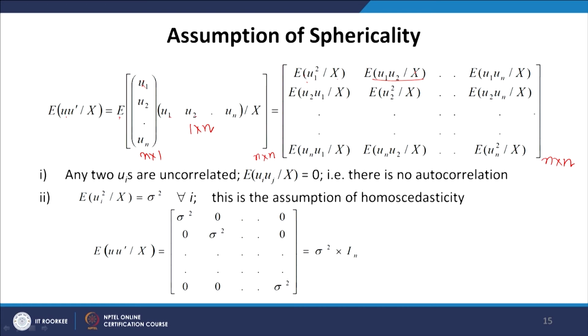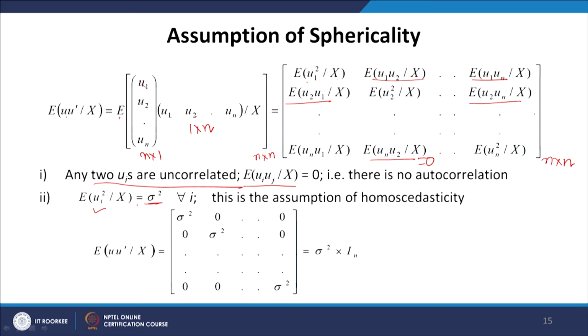Now, since any two ui's are uncorrelated, expected value of ui uj given x is 0. This is called the assumption of no autocorrelation. So, all of these, u1 u2, u1 un, un u2, u2 u1 and so on, are equal to 0.